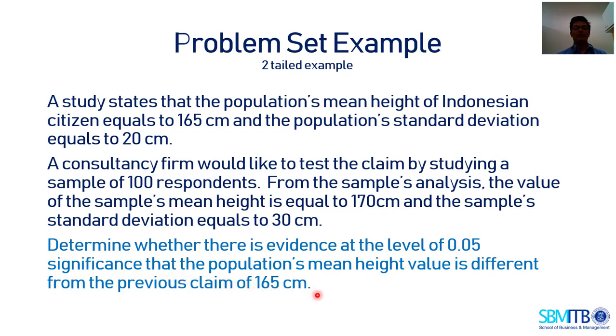From the problem set, we can see several important values like the population's mean of 165 centimeters, the population standard deviation of 20 centimeters, the number of the sample, which is 100 respondents, the sample's mean value of 170 centimeters, the sample standard deviation, which equals 30 centimeters, the significance level of 0.05, and the type of hypothesis statement, which is non-directional.